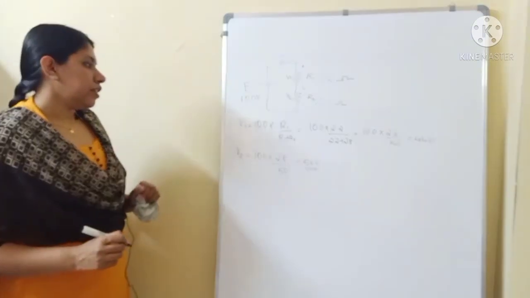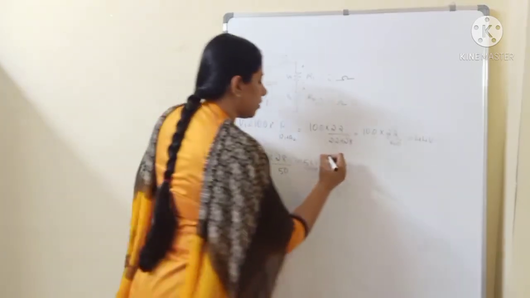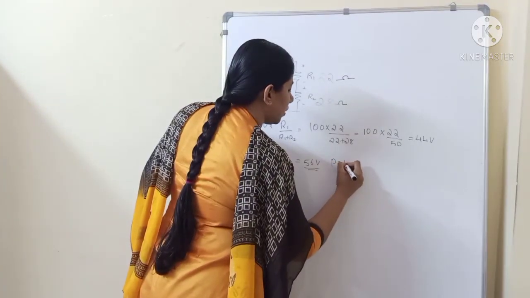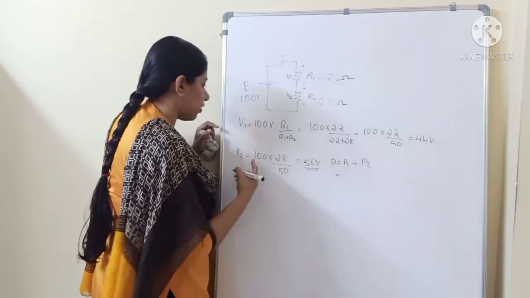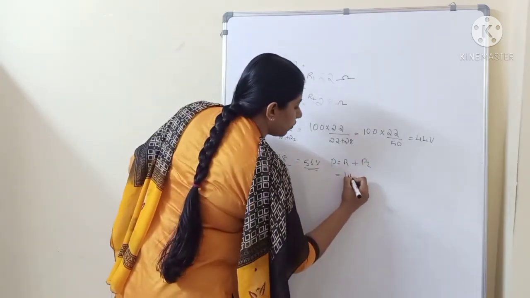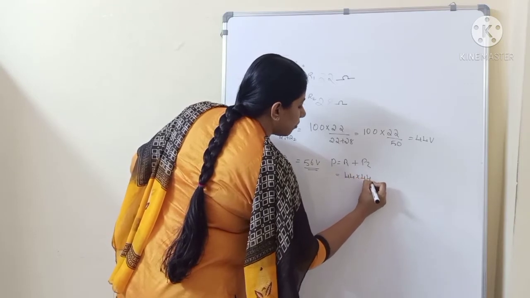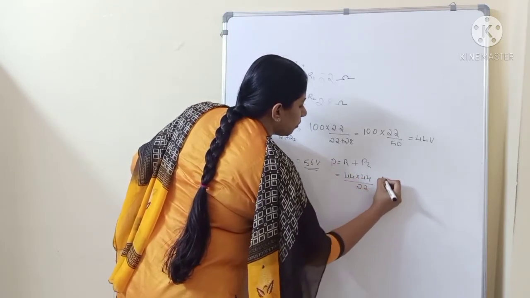Now we will find the power. We know that P is equal to P1 plus P2. P1 is equal to V1 squared by R1. V1 we have already found, 44 into 44 divided by the value of R1, 22, plus P2.